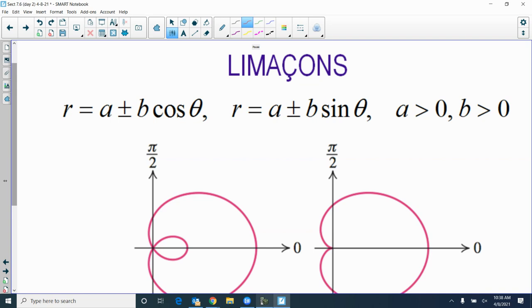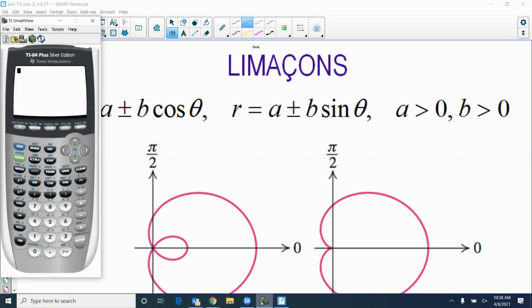It says y equals, we gotta go to a different mode. Hit mode, go to the fourth line down. And we want polar. It's either gonna be POL, or if you got a newer one, it'll say polar.